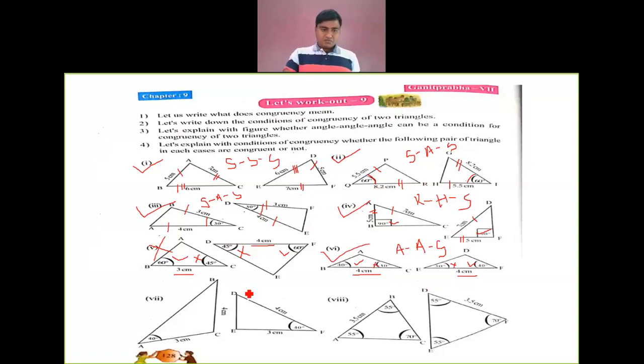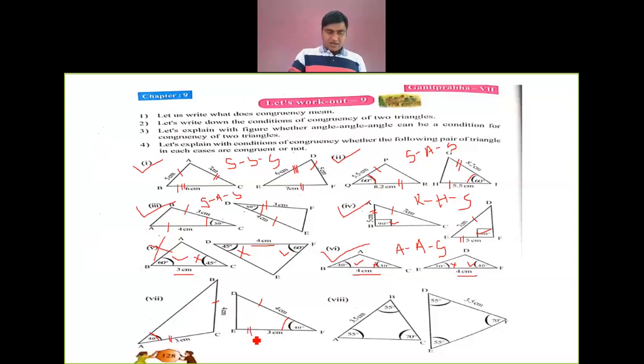Number 7. ABC is a triangle and DEF is another triangle. Angle A equals 40 degree. Angle F is 40. BC 4 centimeter. DE 4 centimeter. AC 3 centimeter. EF 3 centimeter.